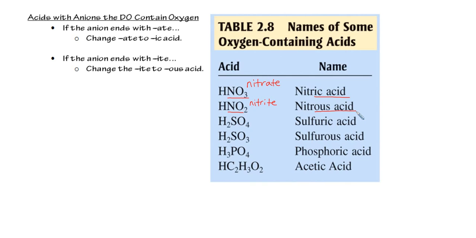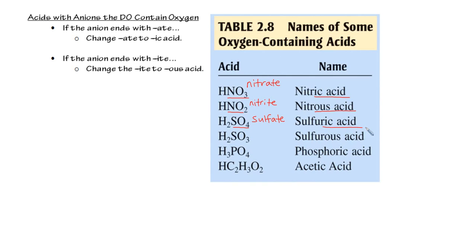The most common form of sulfur and oxygen is the sulfate ion. Sulfate, SO4 -2. H2SO4 turns into sulfuric acid. Oh yeah, we've used sulfuric acid quite a bit.